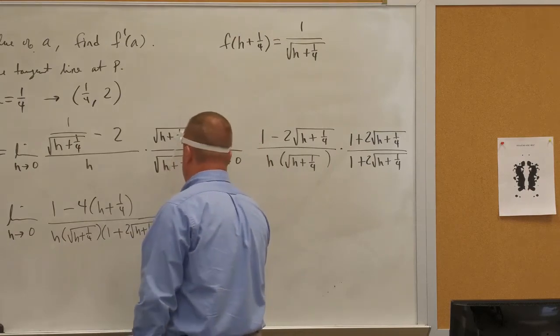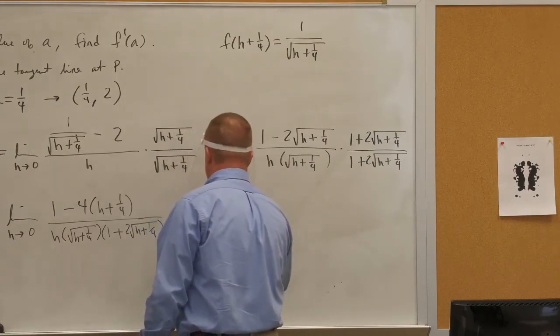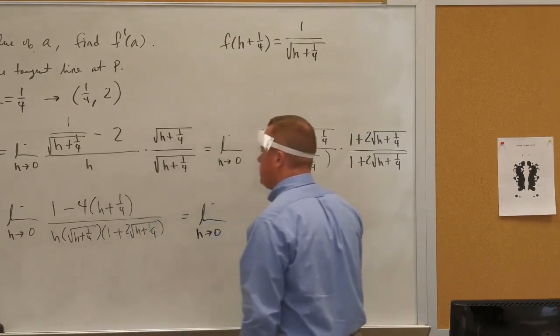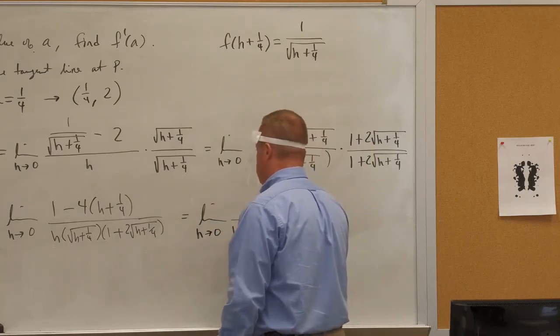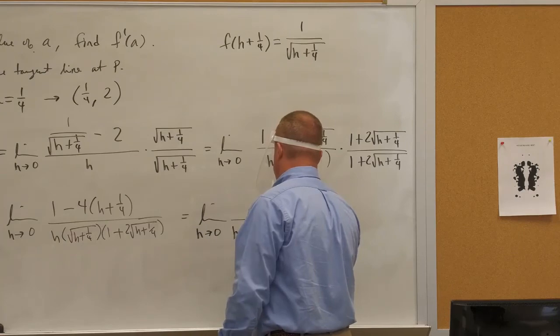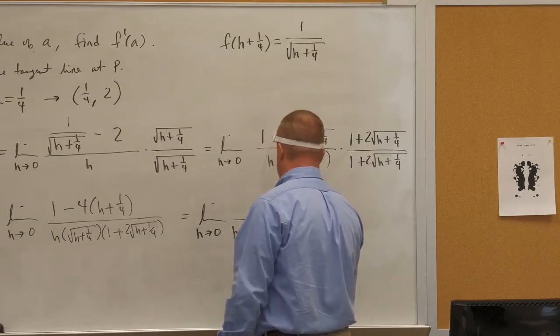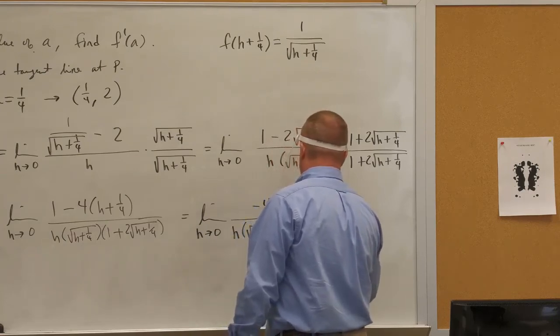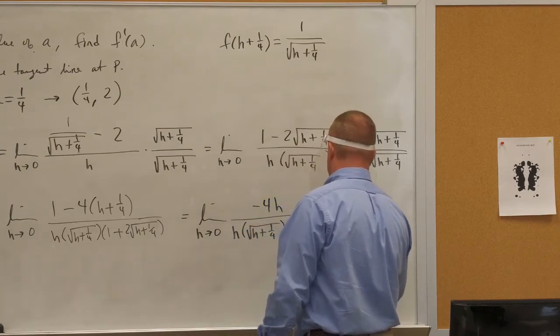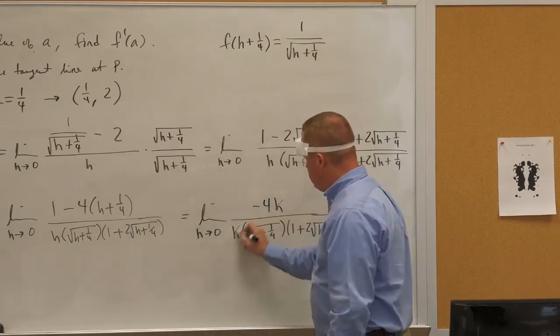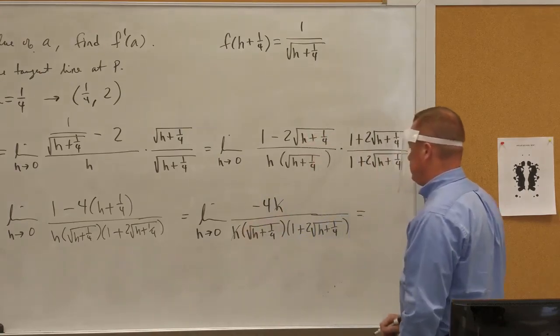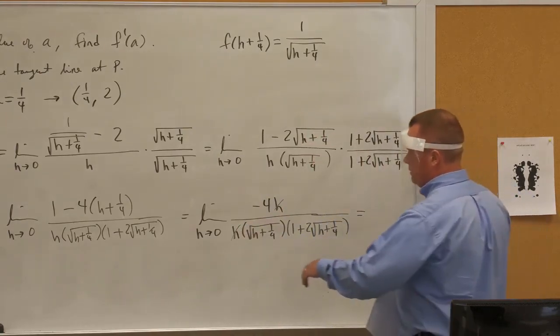So let's do that. I have the limit. The top I get negative 4h. The bottom I have h times square root of h plus 1/4 times 1 plus 2 square root h plus 1/4. The h's cancel. Now I can plug 0 in.